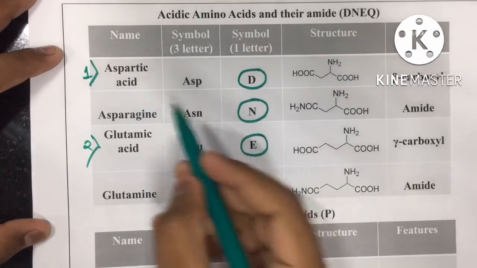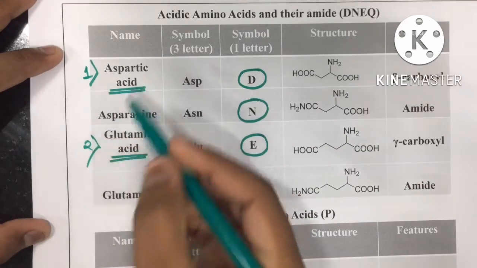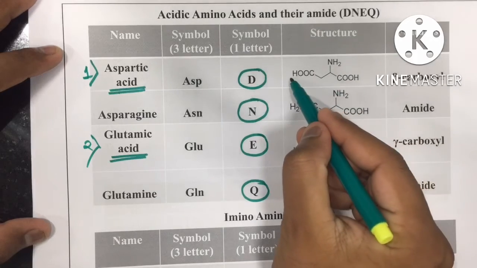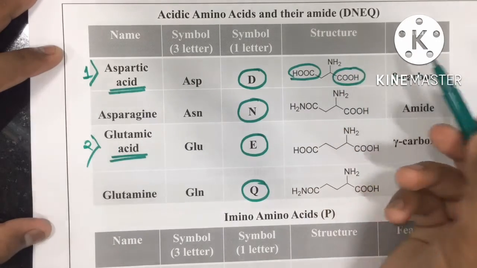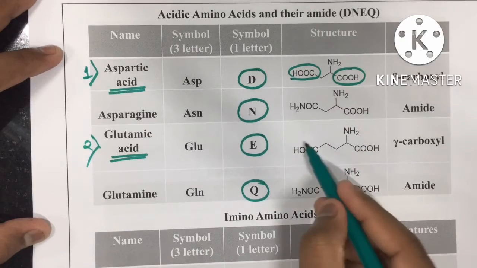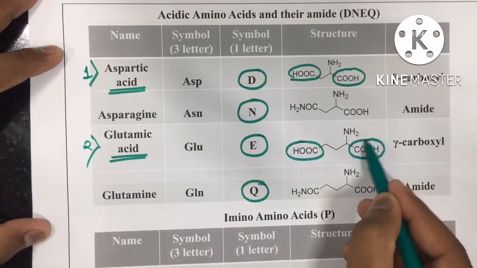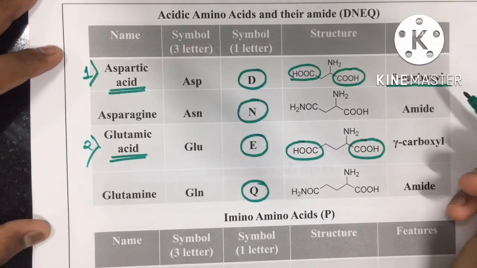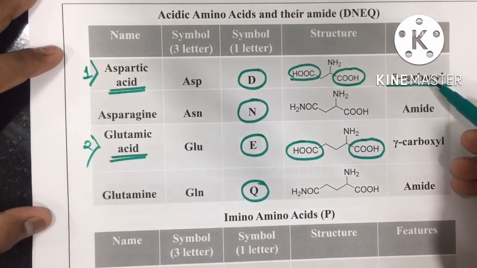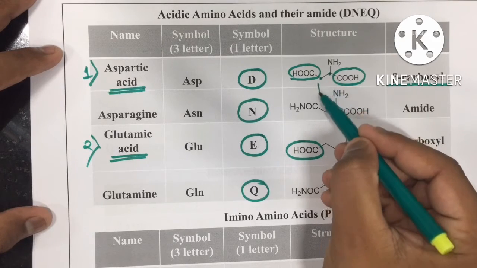Here is the structure. Aspartic acid and glutamic acid, the name itself indicates they contain 2 carboxylic groups, right? In glutamic acid also 2 carboxylic groups are present, but the difference is that aspartic acid has a beta carboxyl group, where this position is the alpha and this one is the beta, right?